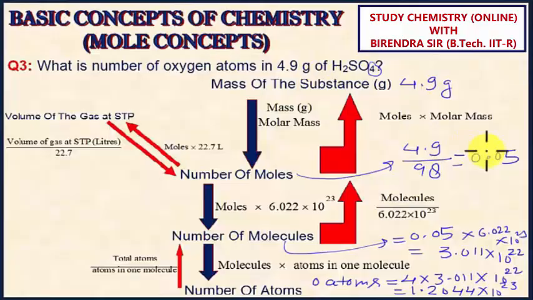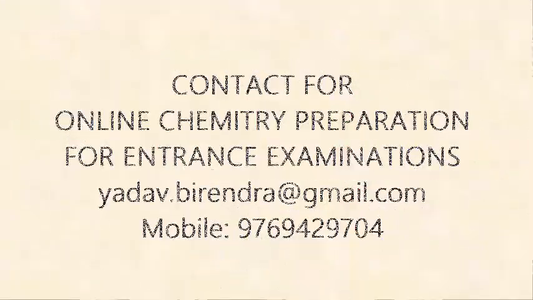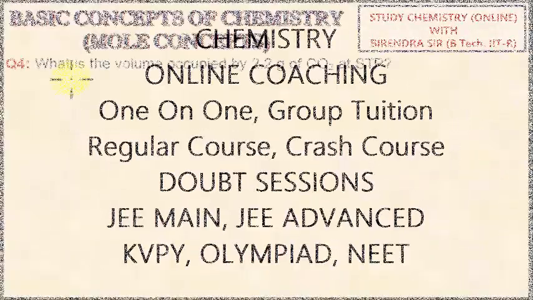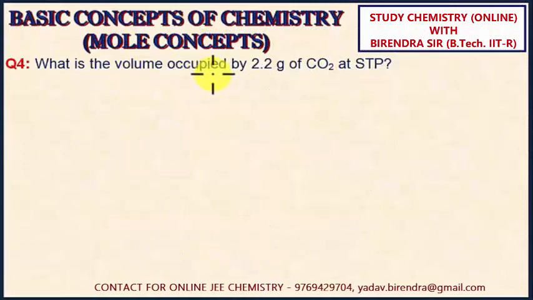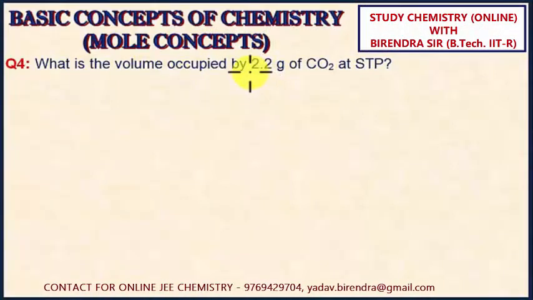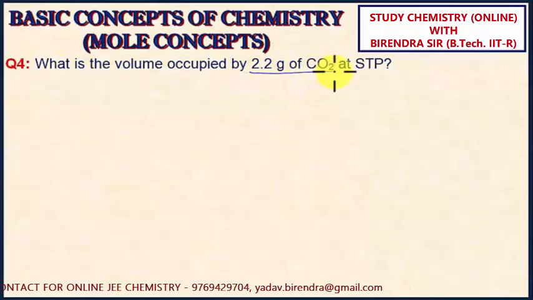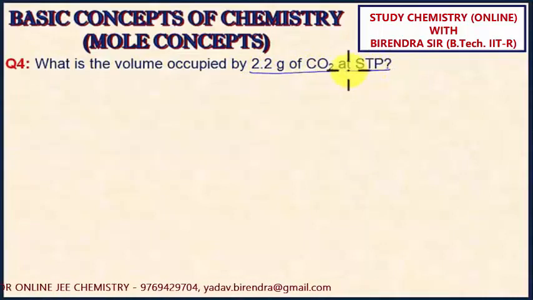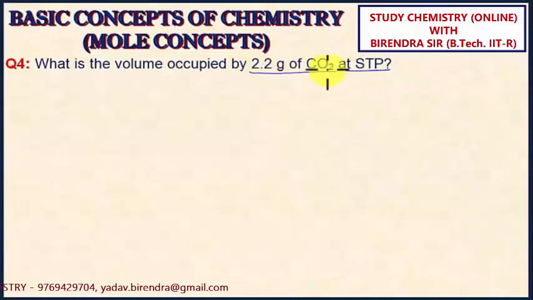Okay, now I'll take another question here. Now the fourth question says, what is the volume occupied by 2.2 grams of CO2 at STP? In the question, mass of CO2 gas is given, and volume at STP is asked.